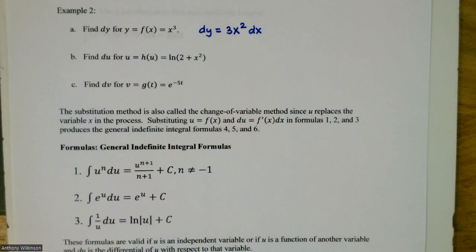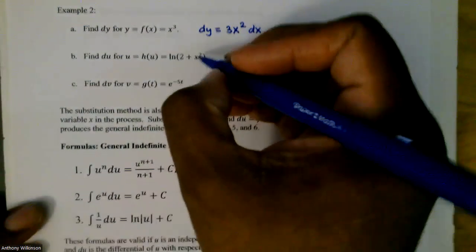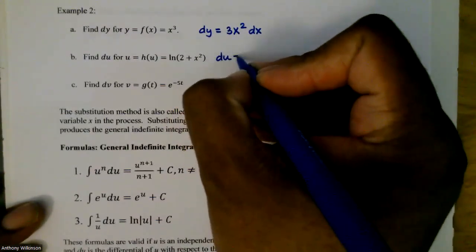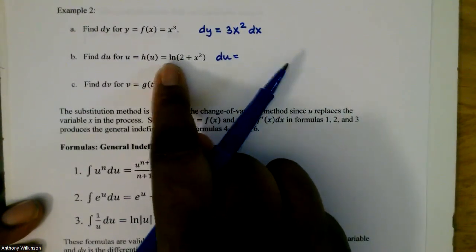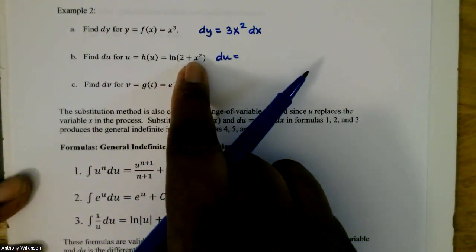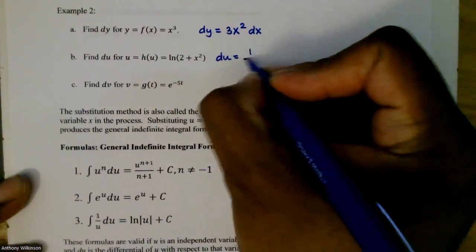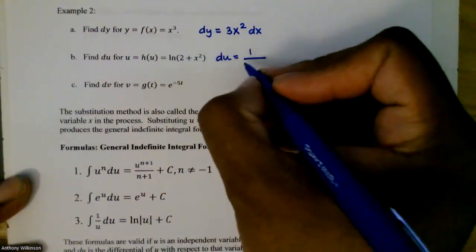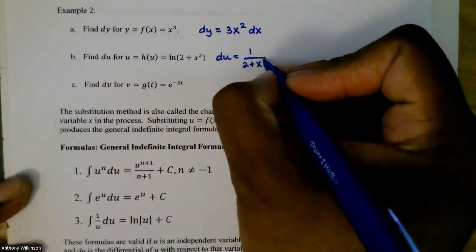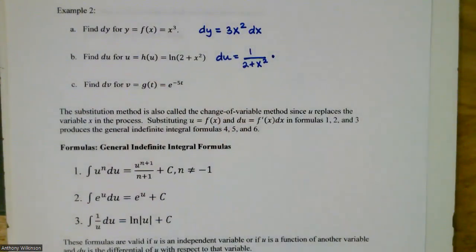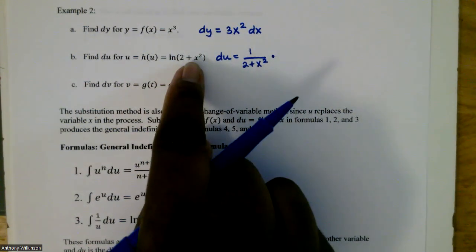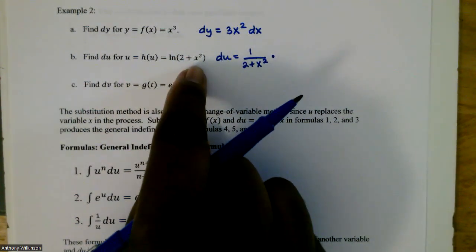And in part B, you're going to find du for u is equal to h of x equaling the natural logarithm of the quantity 2 plus x squared. Okay, so in this case here, when we find du, we take the derivative of ln of 2 plus x squared. That's going to be 1 over this expression 2 plus x squared. But then we're not done. We have to take the derivative of the inside function, the derivative of 2 plus x squared.